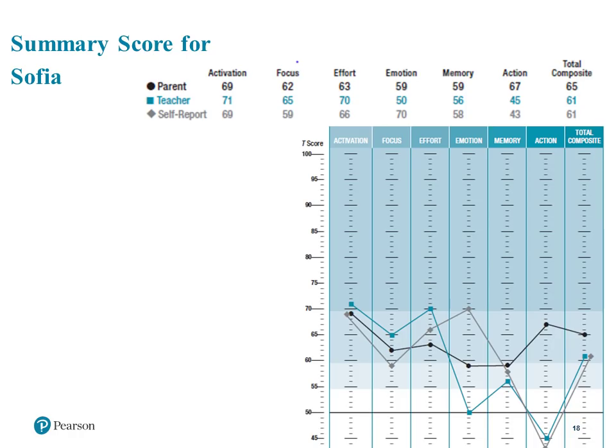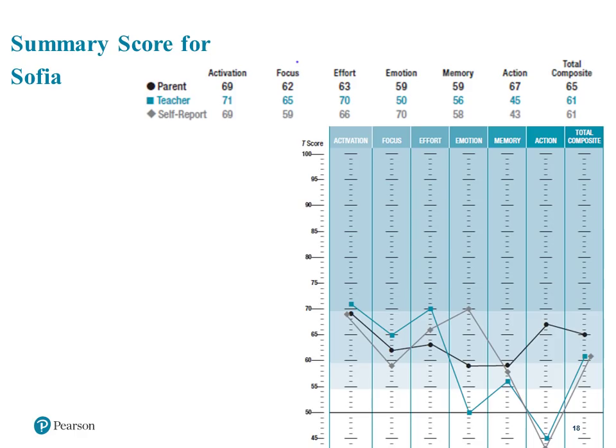So let's look at how this shows up in the rating scale for Sophia. You'll notice that this is an 8-year-old in 3rd grade, and we're looking at the self-report, because for ages 8 to 12 we do have self-report, and the kids can often tell you a lot of important information.